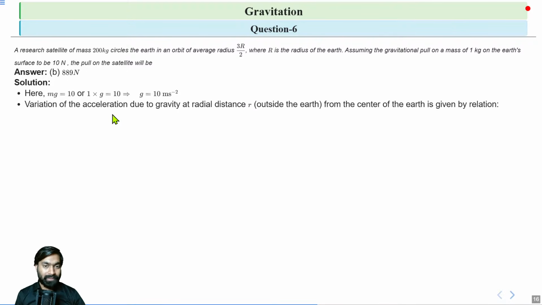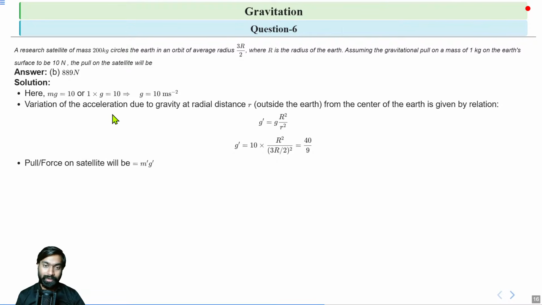The variation of acceleration due to gravity at radial distance r outside the earth, from the center of the earth, is given by the relation g prime equal to g into R square divided by r square. We know the value of g, that is 10 meter per second square. So g prime equals 10 into R square divided by (3R by 2) whole square, which equals 40 by 9 when we solve.